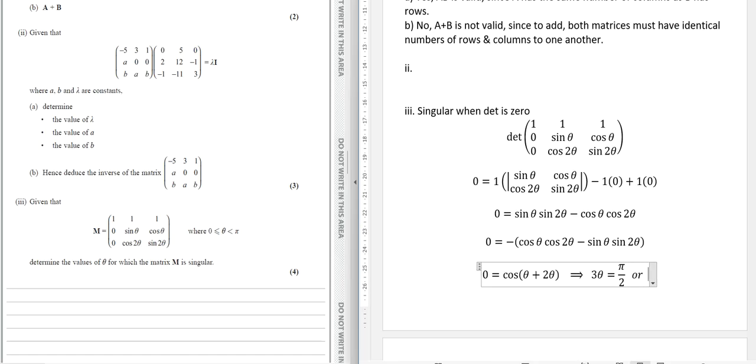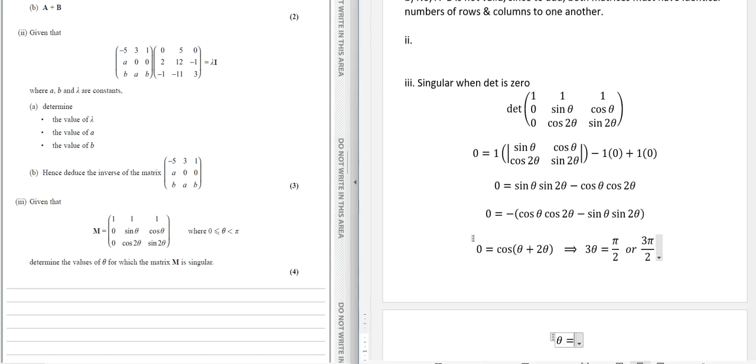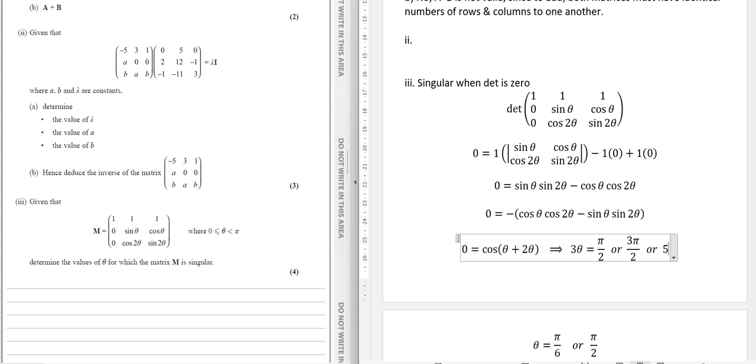Or there's additional solutions, and I should at least find one of them. 3 pi by 2 is going to be the next one. That makes theta equal to pi by 6, or 3 pi by 6, which is pi by 2. We could go further, but if I add pi to this, I'm going to get to 5 pi by 2. And when I divide by 3, that gives me 5 pi by 6. Yeah, turns out I want that one as well.